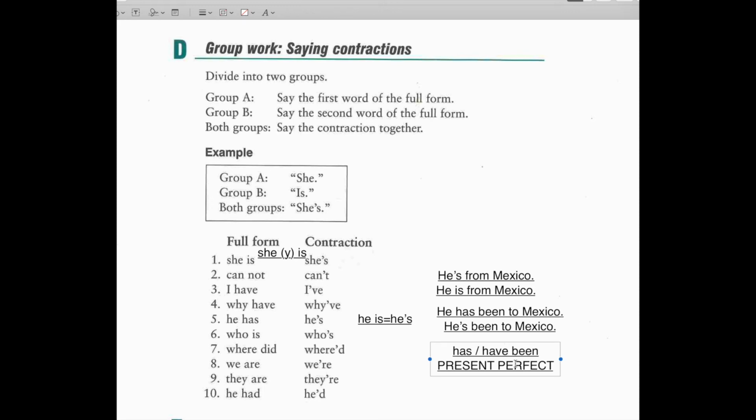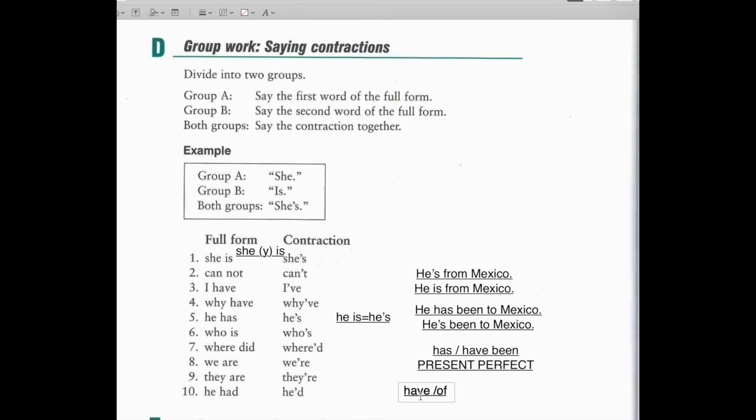We can see these mistakes in other examples. For example, when we use have as the participle. So for example, if we say they have or we have. As we mentioned in our reductions video, people often get have and of confused because when they are reduced, they sound exactly the same.